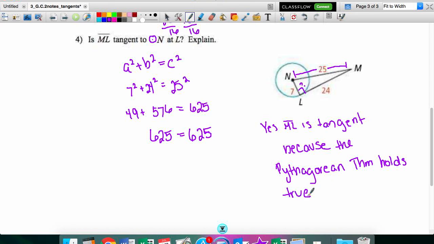And you could even say, and also by the theorem that makes the segment a tangent line if there's a right angle. And that's the end.